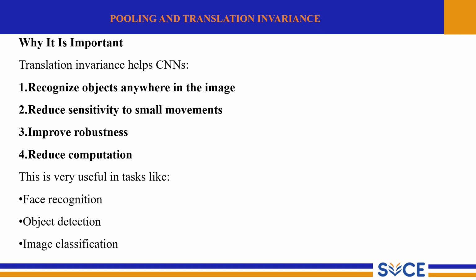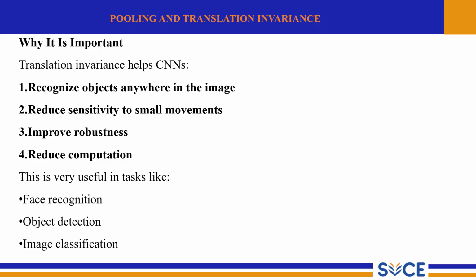It reduces computation because the network does not need to learn separate features for every possible location. This property is especially useful in tasks such as face recognition. In face recognition, the network can recognize a face even if it is slightly shifted.